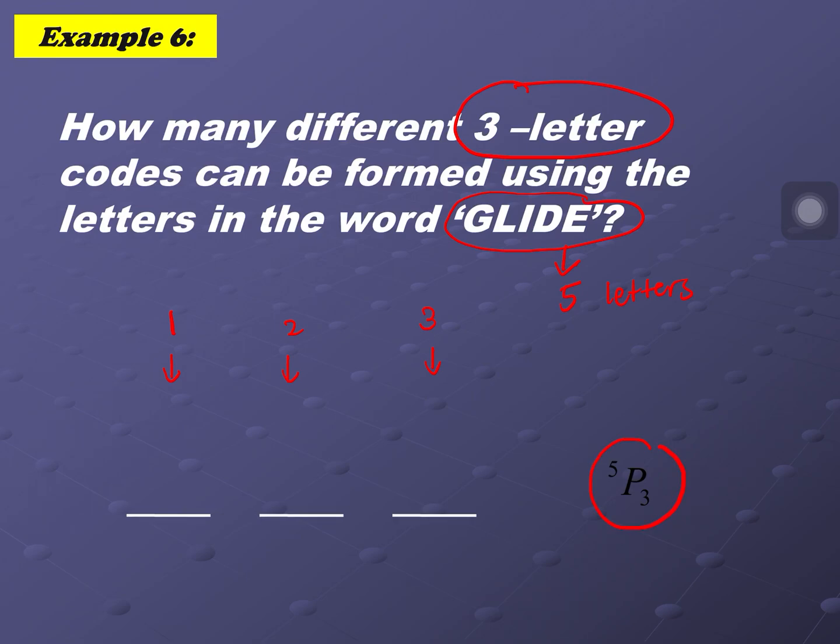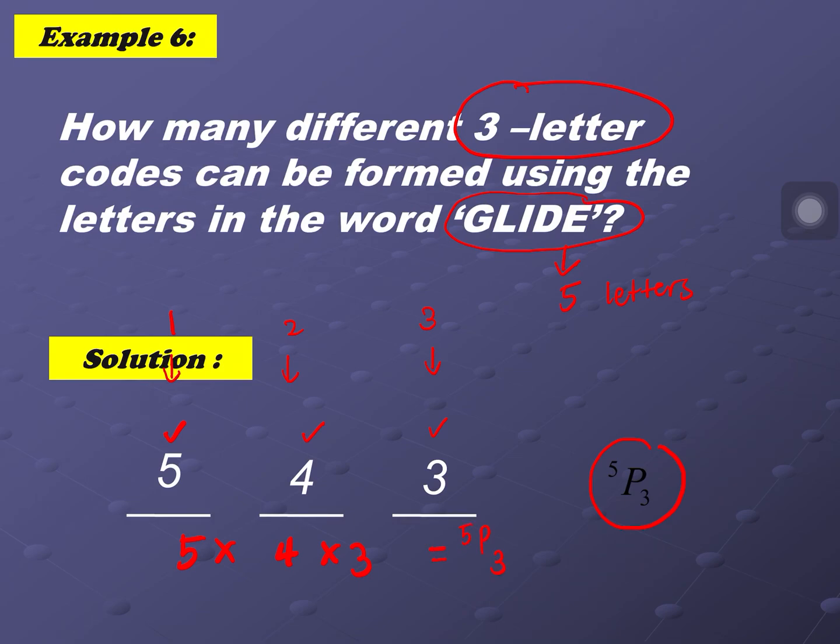So you can use 5P3, or you can use the factorial way. We write the first one is 5, the second one is 4, and the third one is 3. It's the same if you multiply 5 times 4 times 3.